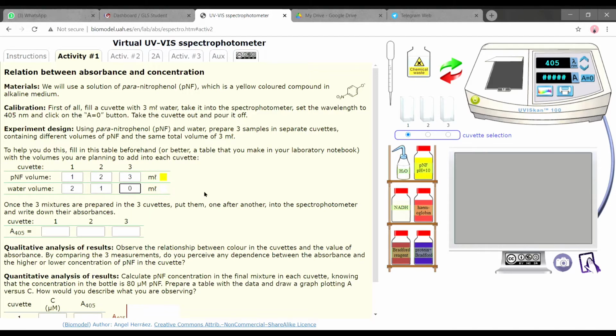So after we set the table, we can prepare the cuvettes to get the absorbance.